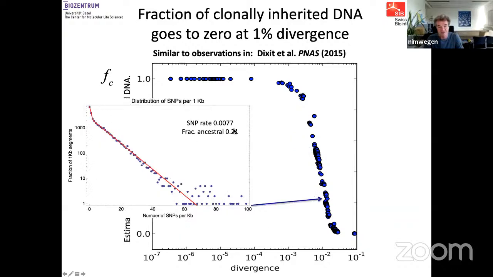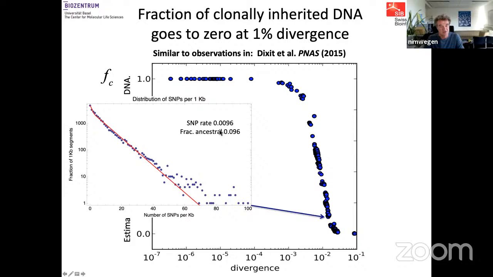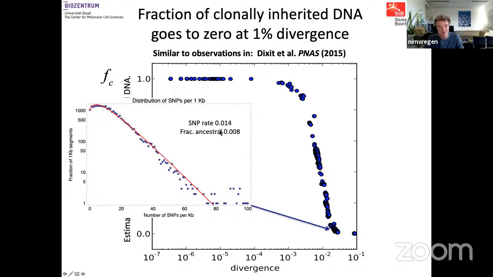And if you keep going, so this is 0.8% divergence, now you have 20% ancestral left. Here you have 10% ancestral left. And basically, as soon as the pairwise divergence is bigger than 1%, you lose all clonal inherited DNA in the genome.